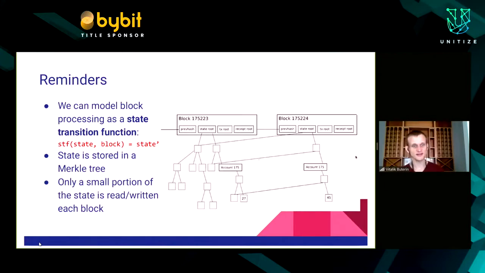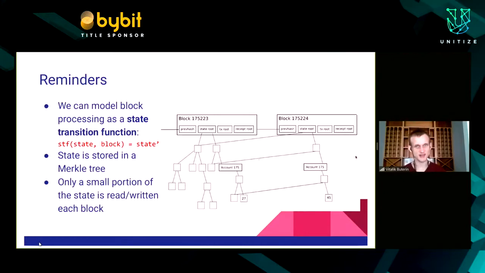So in Bitcoin, for example, the state is something that exists in the client, in the database. There is the unspent transaction output set, but it's not directly linked to Bitcoin blocks or Bitcoin block headers.